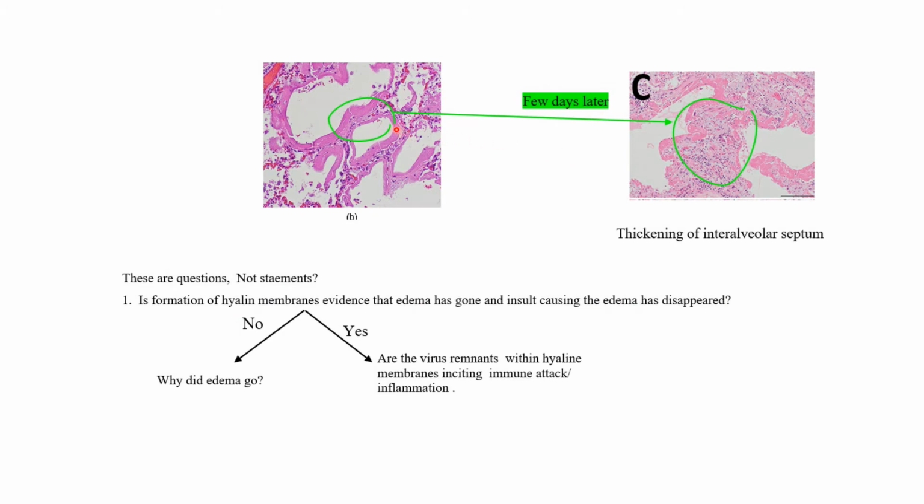So it is reasonable to assume that this was once at this stage, and with time it has developed into thickened septum. Again, fibrosis, immune cells that have infiltrated here to thicken the septa.